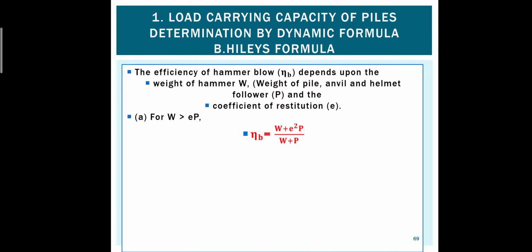If you are using a steel rammer while driving an RCC pile, we use 0 to 0.5. For a cast iron rammer, we use E equal to 0.4.